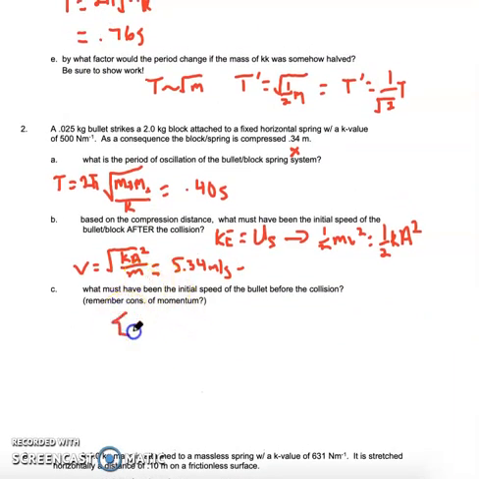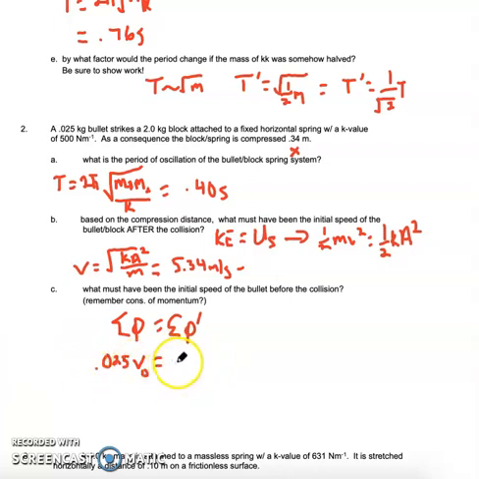So basically we start off with sigma p equals sigma p prime. Sigma p is all in the bullet, so I'm just going to put its mass, 0.025, times its initial velocity. That's what we're looking for. The block was not moving initially, so there's no initial momentum for it.